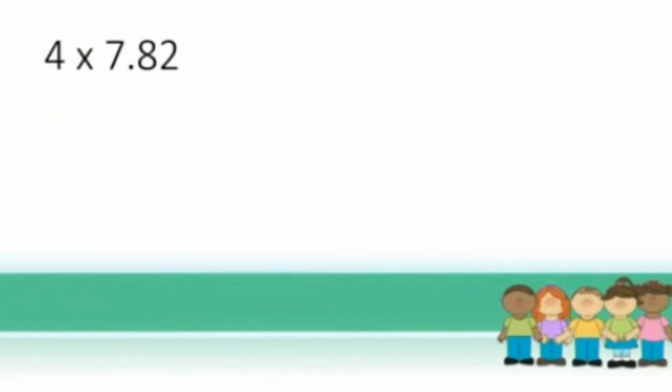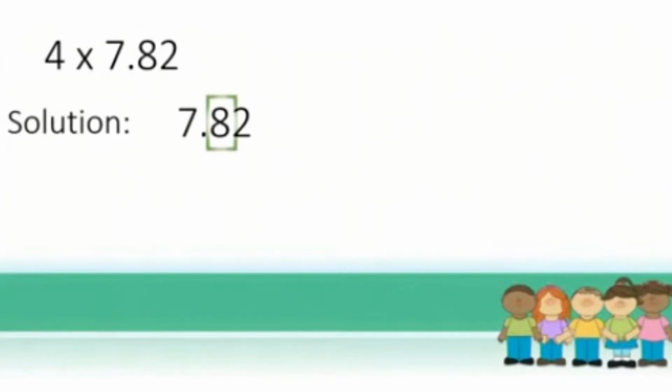If the number is equal to or greater than 5, round up to the nearest whole number by adding 1. Since the number is 8, let us round up. That becomes 1 plus 7 is equal to 8.